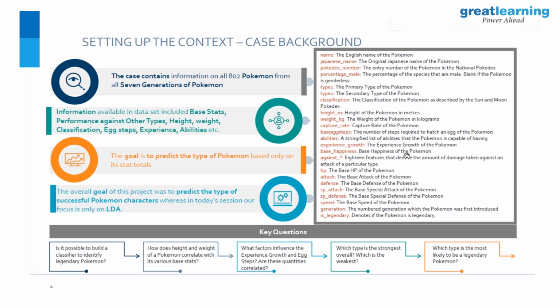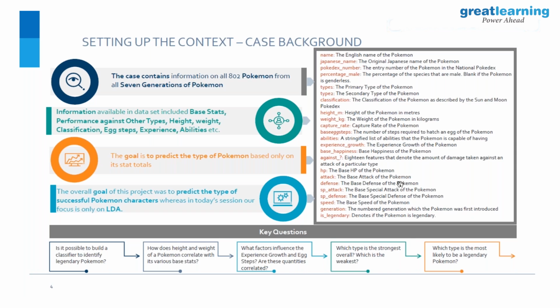There is a primary and a secondary type of the Pokemon. There was a classification described because of the Sun and Moon Pokedex, height and weight of the Pokemon, the capture rate, the base egg steps. So the count of the steps that are required to hatch an egg for the Pokemon is the base egg steps. The ability that the Pokemon is capable of having.